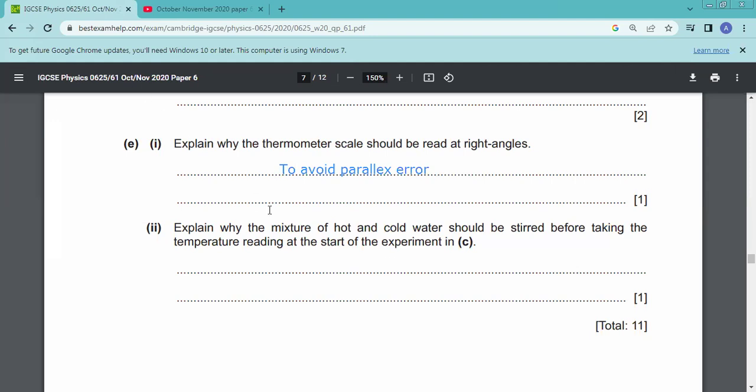So we will write: to get an even temperature throughout. This is the reason.